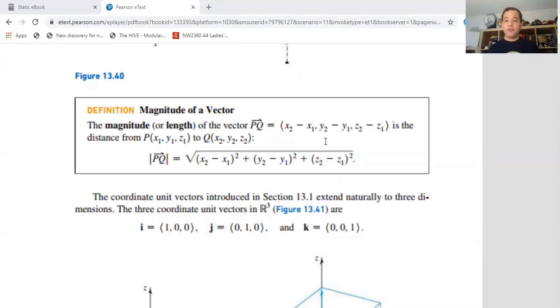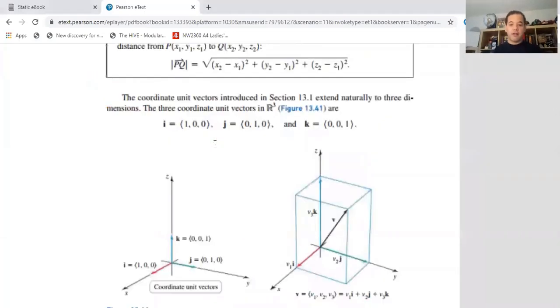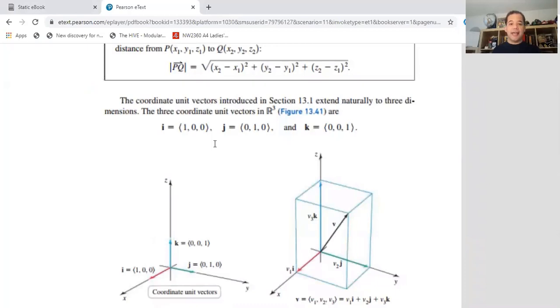Something else, we also talked yesterday about how in the plane we had two special vectors that were convenient, the i and the j vector, the (1, 0) and the (0, 1) vector. So here we are going to extend this to three-dimensional space. So in R3 we have these three special vectors that are called i, j, and k.